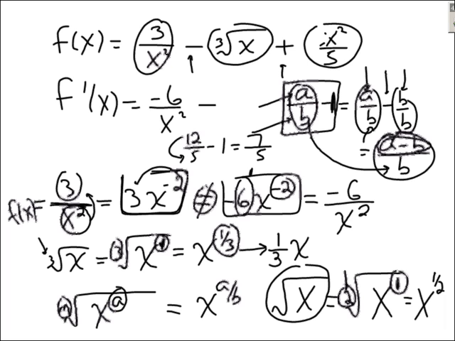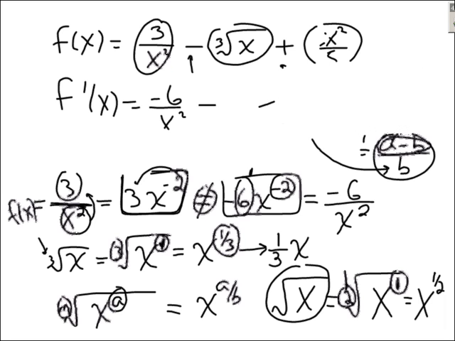12 minus 5 is 7. Very powerful. If you have 2 over 5, and somebody asks you to take away 1, the bottom stays the same, and then you do 2 minus 5, which is negative 3. Don't struggle with that. The numerator must be the top minus the bottom.